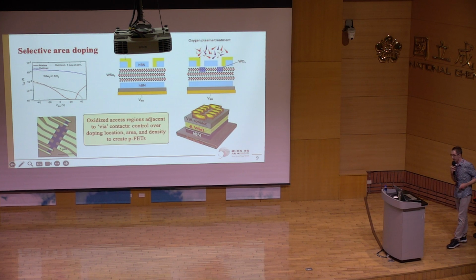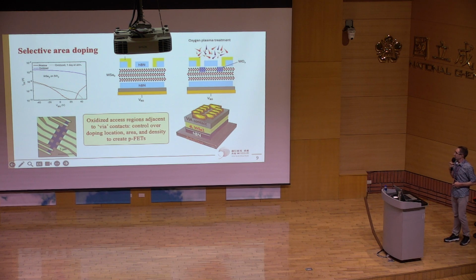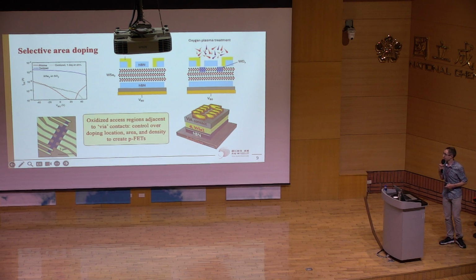Now, remember that I told you if you oxidize the entire surface of your tungsten diselenide, then you get a strong P-type doping. So this shows a control device, which is just WSe2 on silicon.